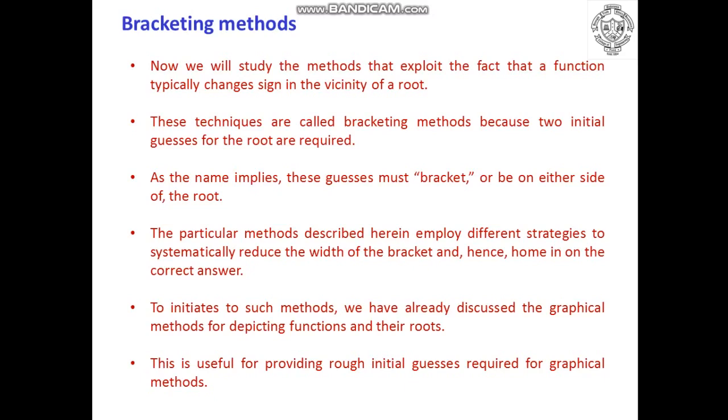We have already discussed the graphical method for depicting functions and finding the initial guesses and hence the roots. What is useful that we studied using the graphical method is that it can be used to find rough initial guesses, which are required for bracketing methods.